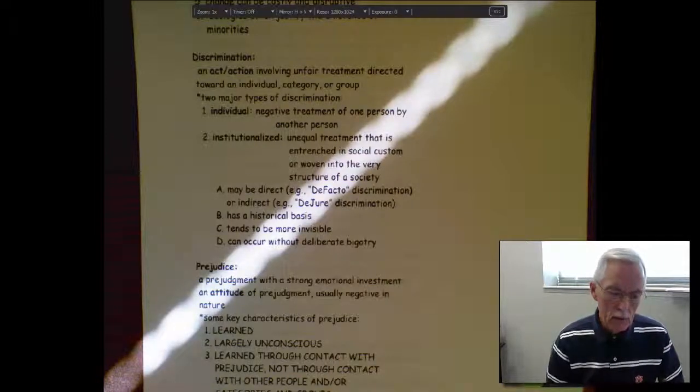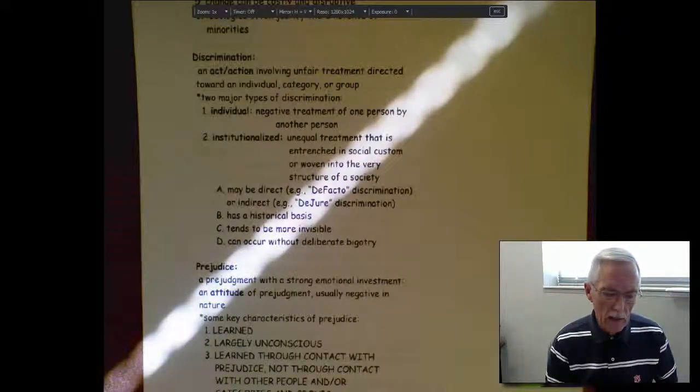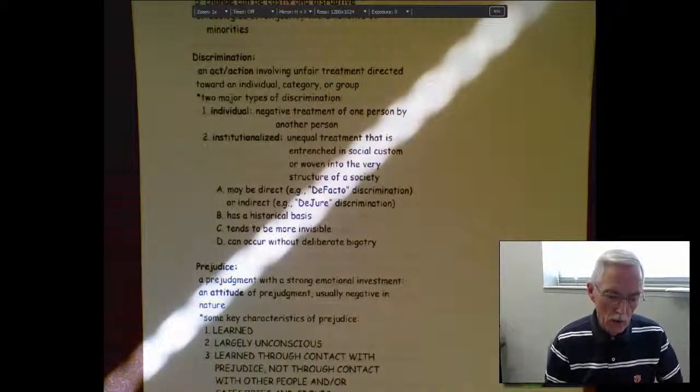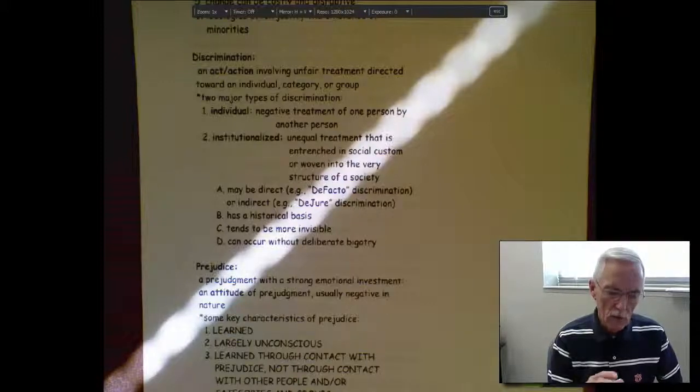That's not the case. Essentially, the program sets goals and timetables for the hiring of minorities in governmental agencies and in other large organizations that receive federal funding in the form of contracts or direct funding, if you will. Now, more often than not, the goals are but targets, and there aren't any sanctions against the organizations or the employers as long as they demonstrate they're making good faith efforts to meet those goals to attract minorities.